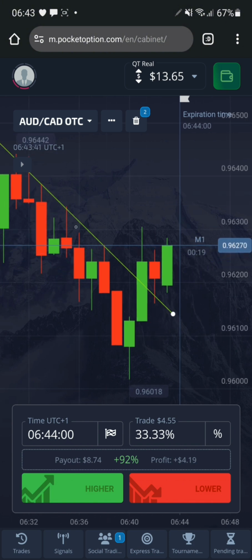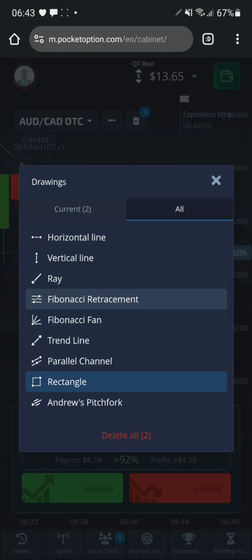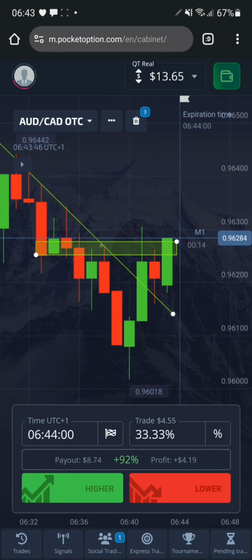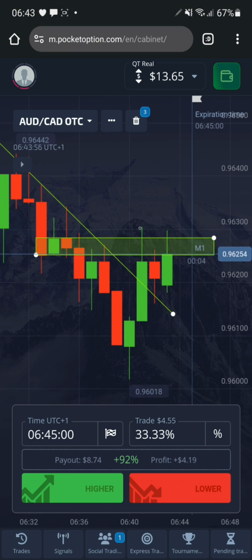Okay. There's a supply area here. So if this price breaks this supply area and closes above here, we can go with the sellers. You can see the sellers are rejecting, so they are sellers on this level. Okay, just rejected the price to the downside.